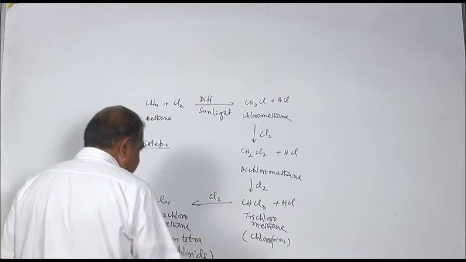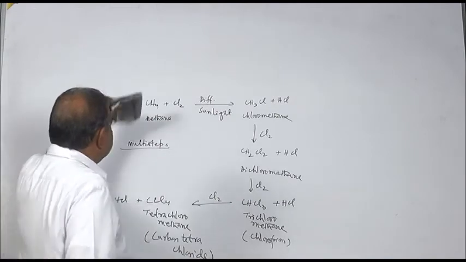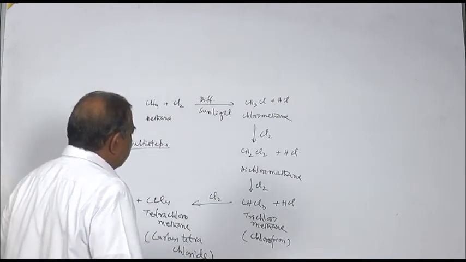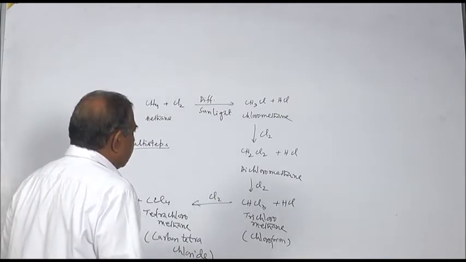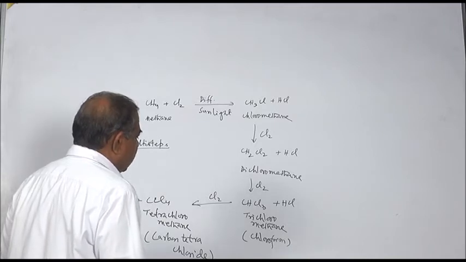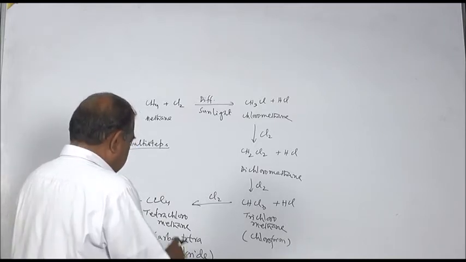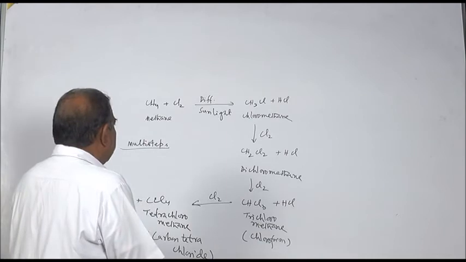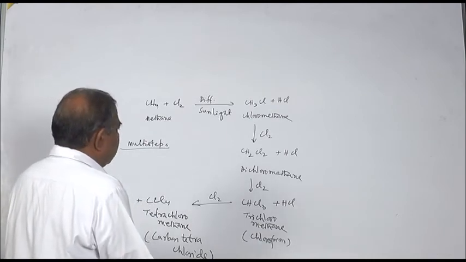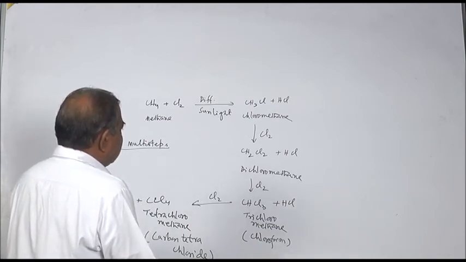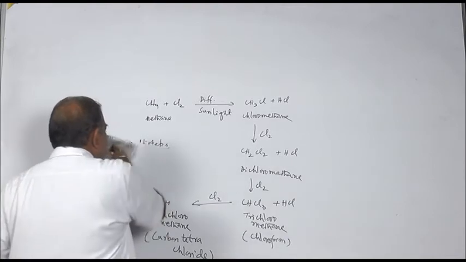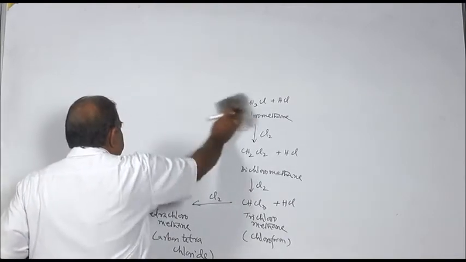So the reaction proceeds stepwise. Since it contains 4 hydrogen atoms, the 4-step reaction gives you chloromethane, dichloromethane, trichloromethane and tetrachloromethane. Similarly, if you take ethane, which contains 6 hydrogen atoms, the reaction will be 6-step. That is, it is a multi-step reaction.